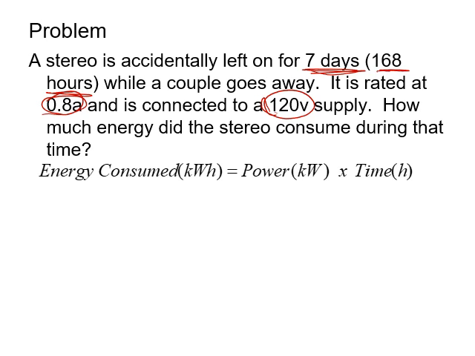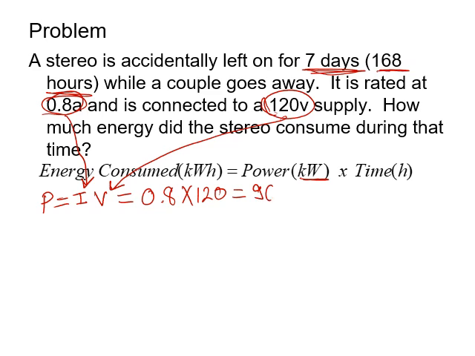So that's a trick problem. First step, you need to calculate the power in kilowatts. Remember the units. So P is equal to IV. 0.8 multiplied by 120 gives you 96 watts.